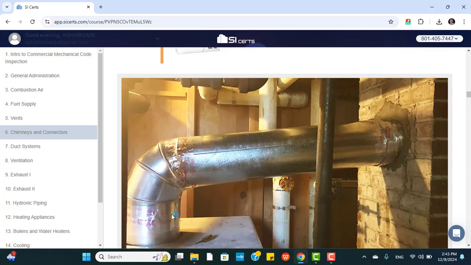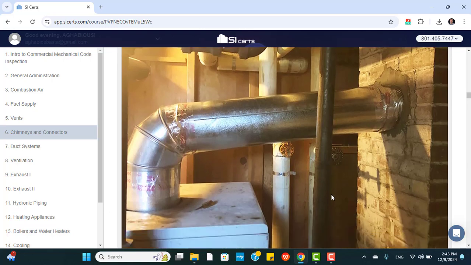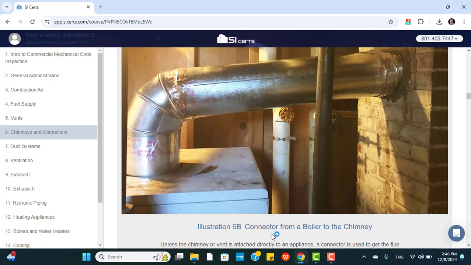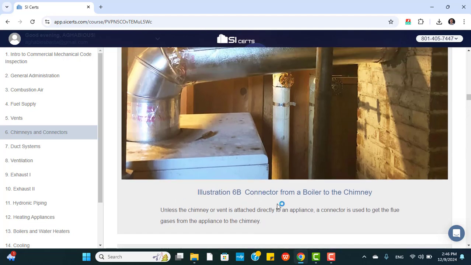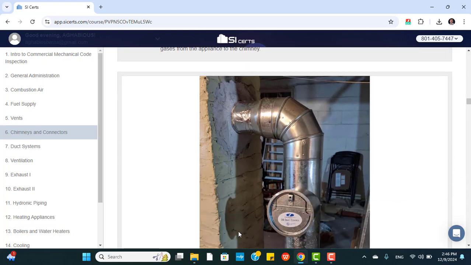Here, the connectors. Illustration 6b, connectors from boiler to the chimney. Unless the chimney or vent is attached directly to an appliance, a connector is used to get the flue gases from the appliance to the chimney.